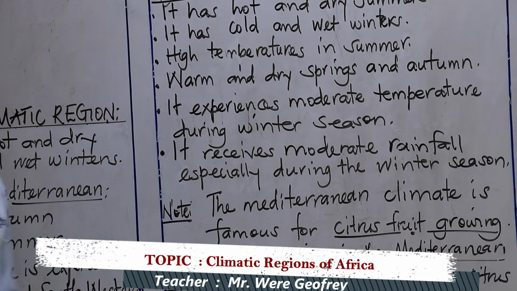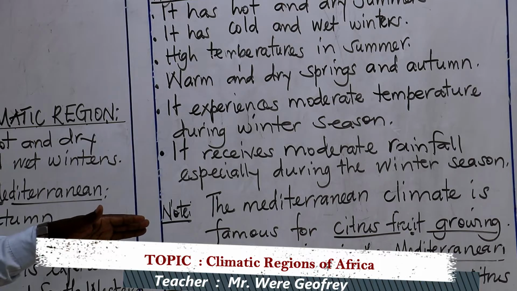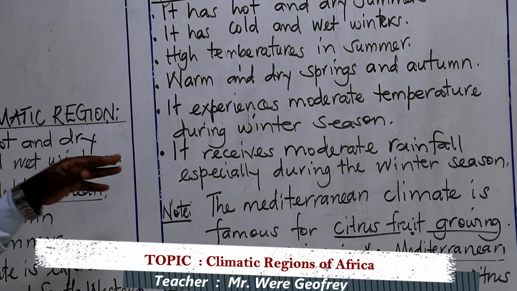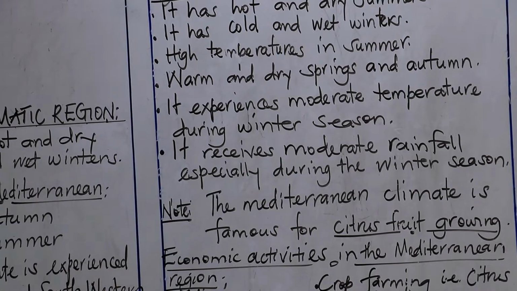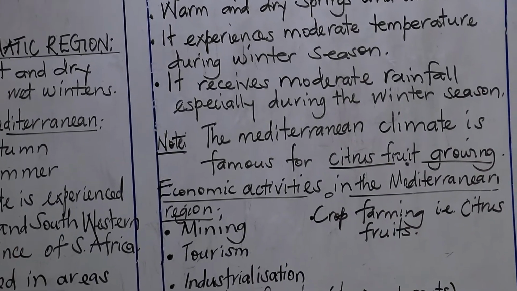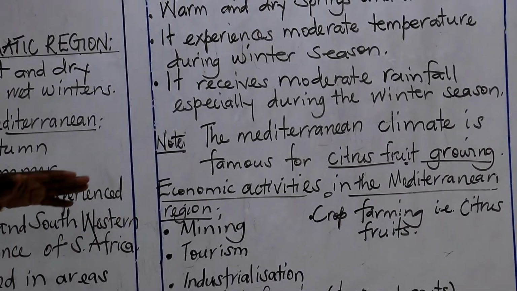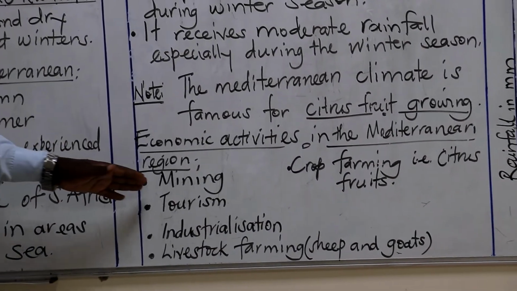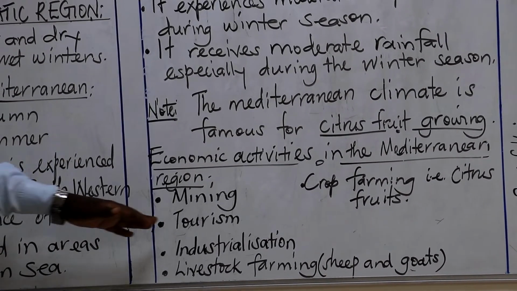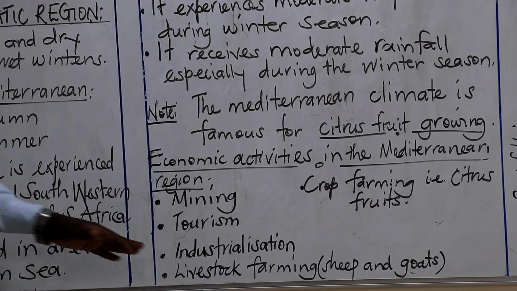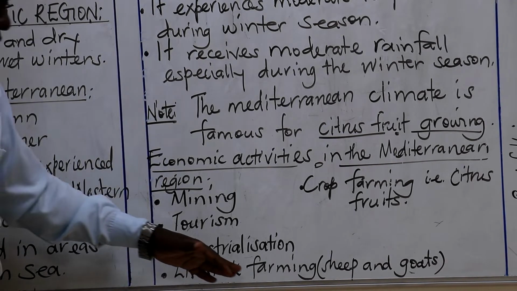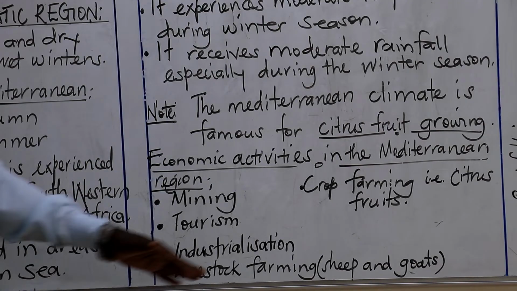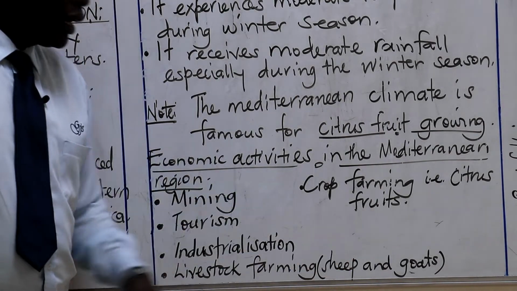When we talk about citrus fruits, what rings to your mind should be South Africa, that region of the Mediterranean region. Economic activities in this region. This region has a lot of economic activities. We have mining, tourism, industrialization, livestock farming, basically the sheep and the goats.